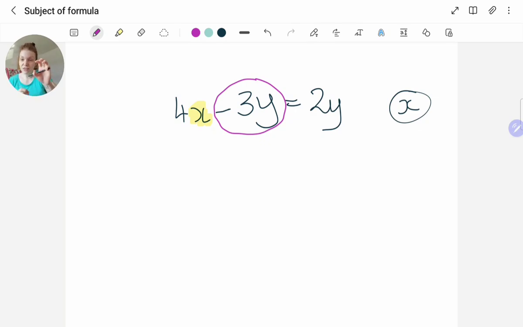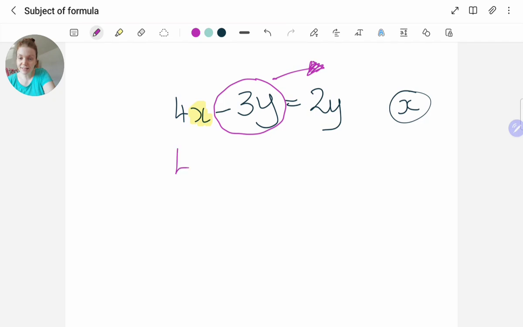So this minus 3y moves first, and then we're going to sort the 4, okay? Always, always, always do not move that 4 across, okay? So they're kind of married, leave them where they are, and let's get rid of the friend essentially first. So the bit that's being added or subtracted is going to go first. Same as if that had been 4 divided by x or x divided by 4, the 3y would move first. Okay, but hopefully you'll see in other questions.